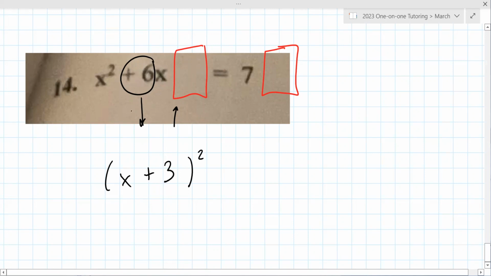So you take the number and you divide it by 2, or cut it in half, and then you square it to get back to this in the red here, so it'd be plus 9 and plus 9. So you have to somehow get that process down. Divide by 2, square it.